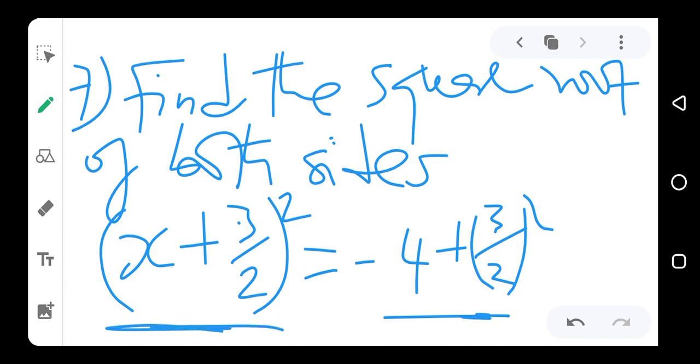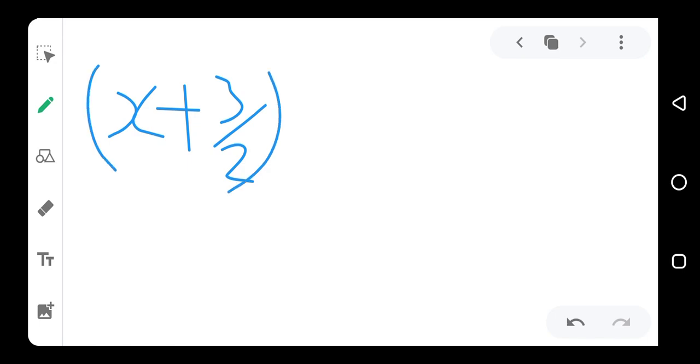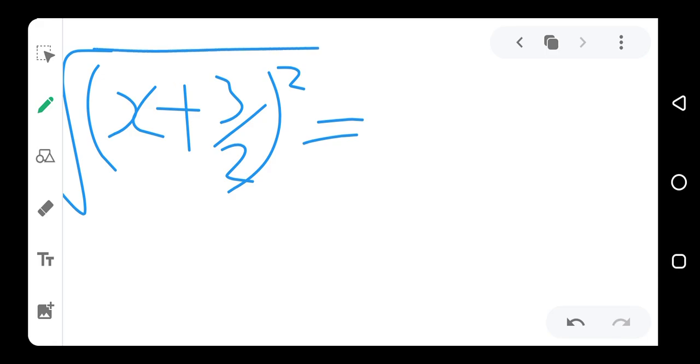Now we find the square root of both sides. For us to do that, that is x plus 3 over 2 squared is equal to, now whatever we have in the right hand side, we also find the square root of it.